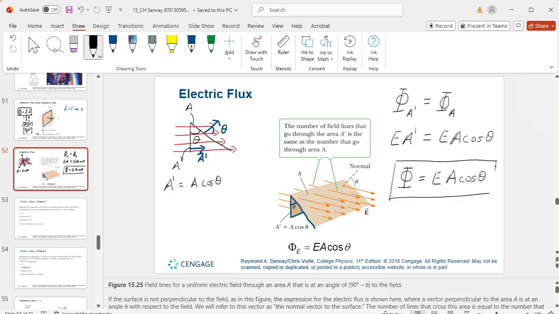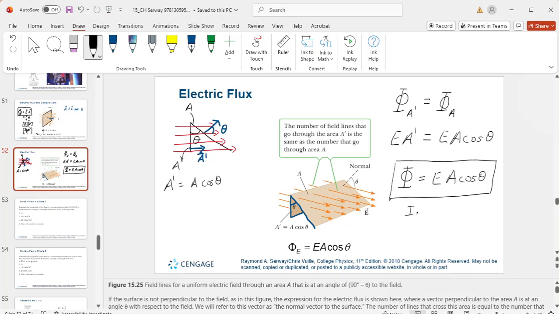So this is the formal definition of electric flux: E A cosine theta. Now, for most of our purposes, we are going to be having the angles between the surfaces and the fields be 0, and therefore the cosine of 0 is 1.